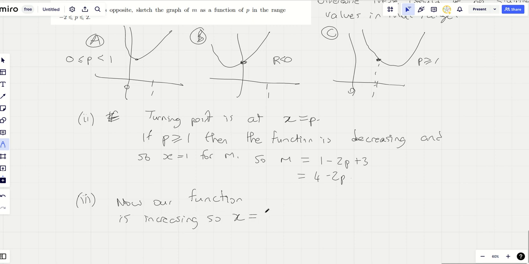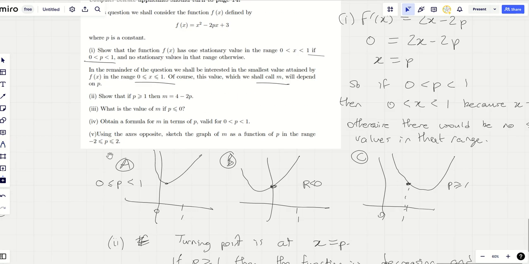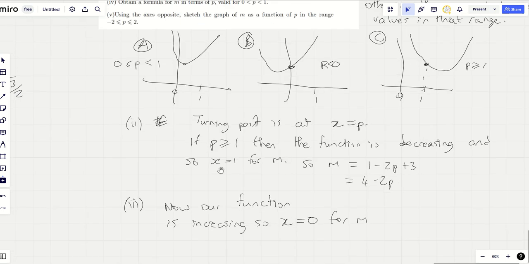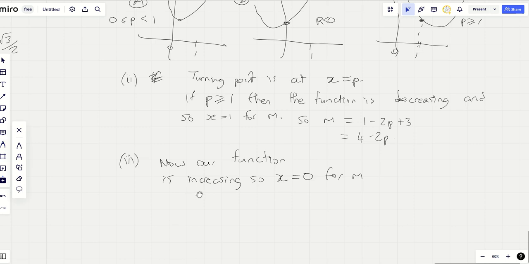So x equals not 1 but 0 this time for the min value, and we're just going to plug in 0. What was it again? 0 minus 2 minus 0 plus 3, so m equals 3. Just to show you I've plugged it in.